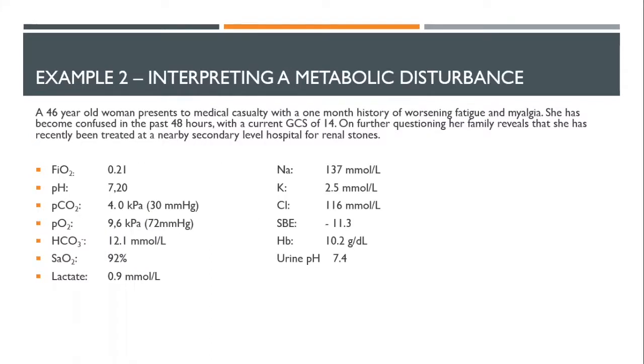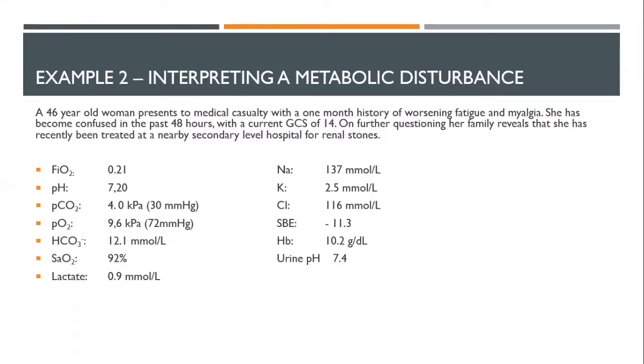So another example of a metabolic disturbance that we have: it's a 46-year-old woman. She presents, and in the last 48 hours, she's become progressively more confused. And when you question the family further, they say... she's on room air, she's got a pH of 7.2.